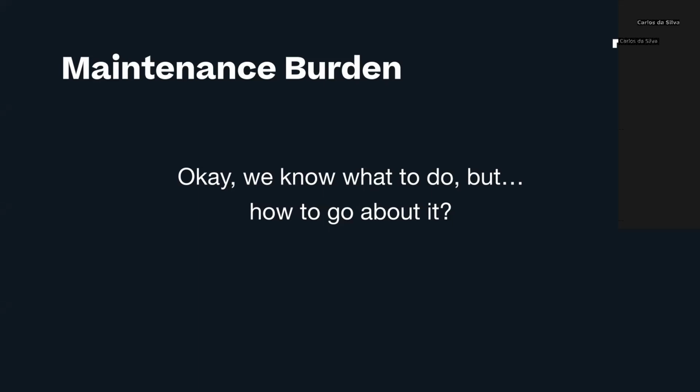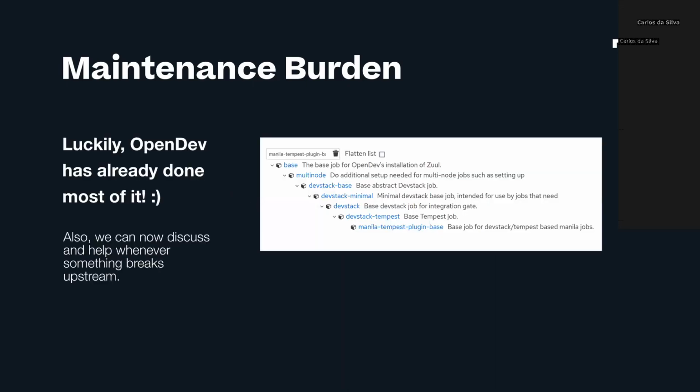So yeah, the best architecture that we came up with was the reuse architecture, which is we are going to reuse what we know already works, and we have high hopes of this architecture being maintained, which is to reuse the OpenDev jobs that the OpenDev folks already developed upstream for them and for everybody, because it's open source.